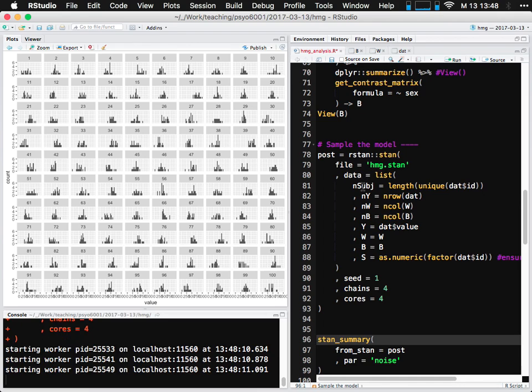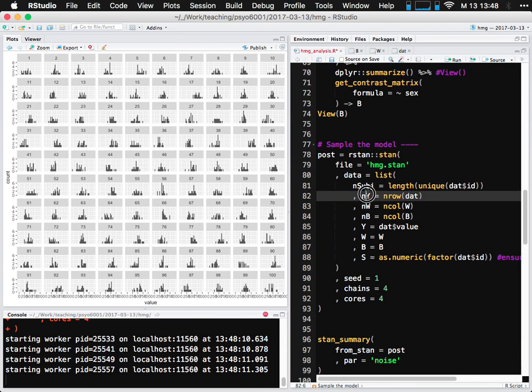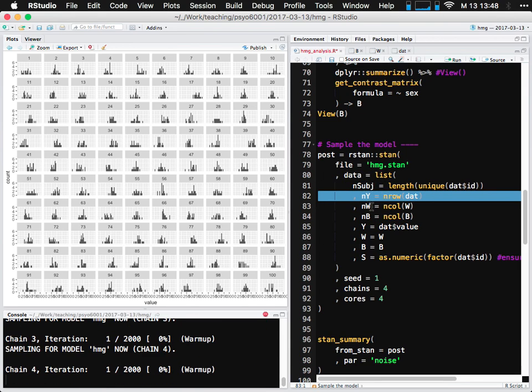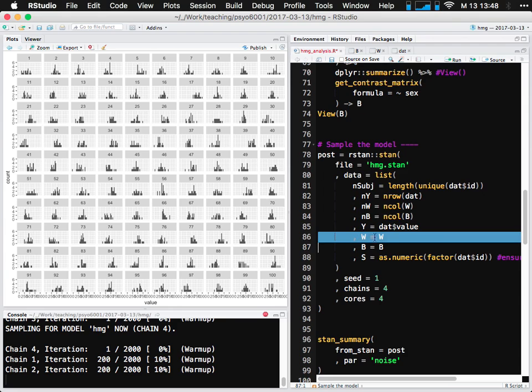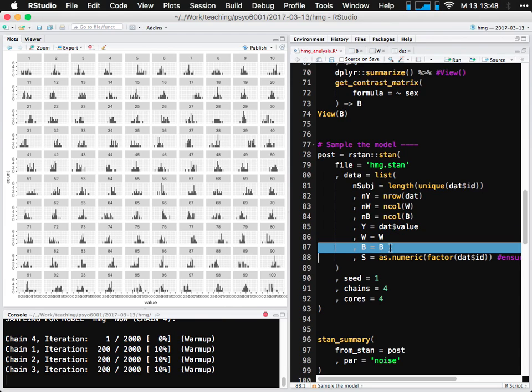We tell it how many subjects there are, how many observations there are in total, how many within subjects predictors there are, how many between subjects predictors are. We give it all the outcomes, we give it the within subjects predictor matrix, we give it the between subjects predictor matrix, or contrast matrix.